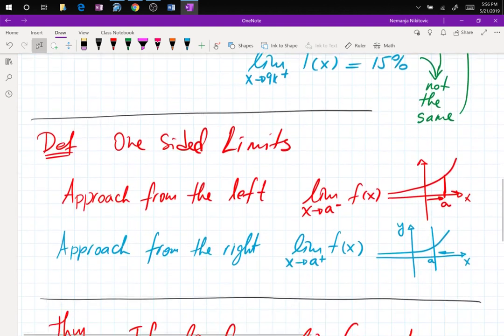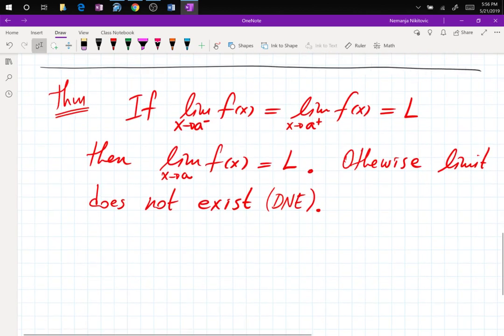So this is the major idea of the entire lecture. You can also add underneath the sentence, one-sided limits always exist. Now, the two-sided limit, the overall limit, might not exist if these don't have the same value.